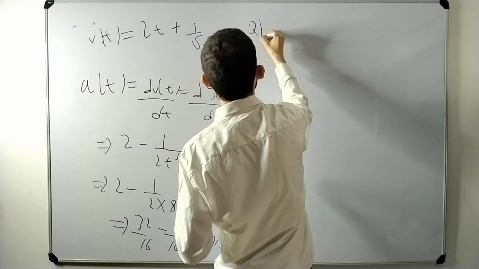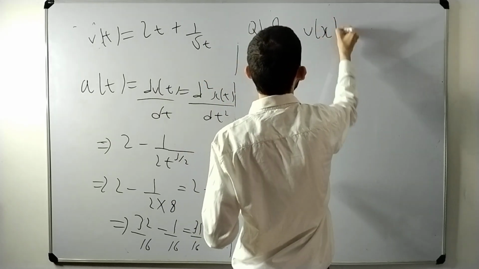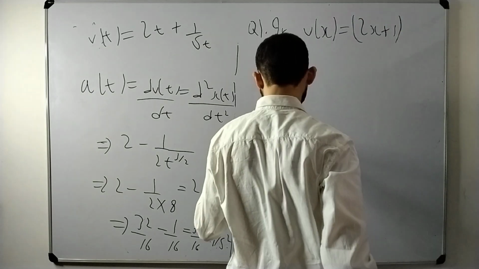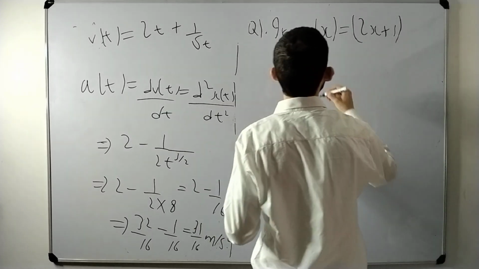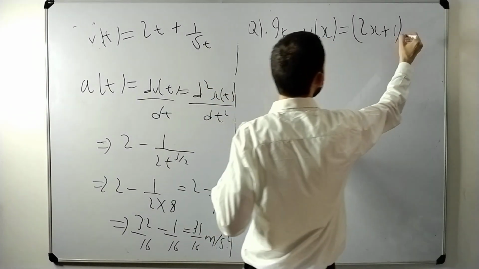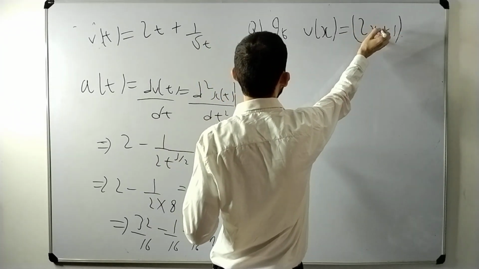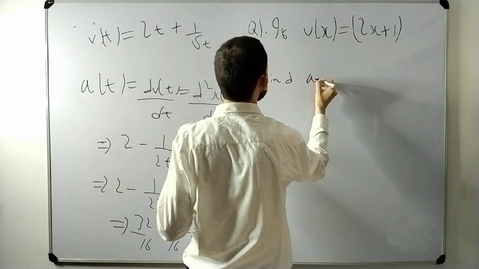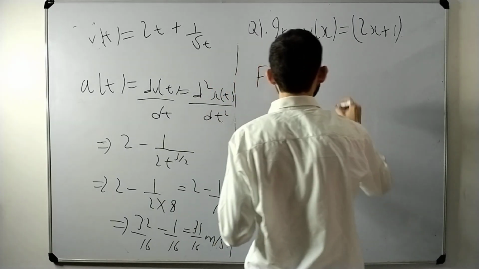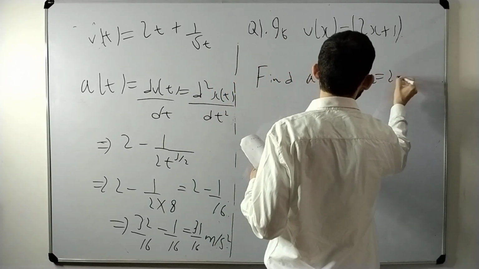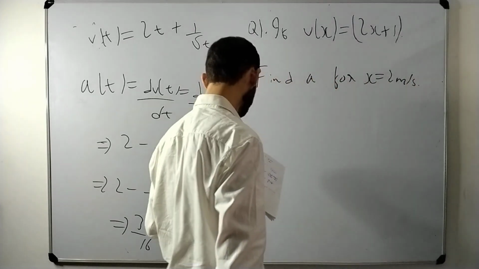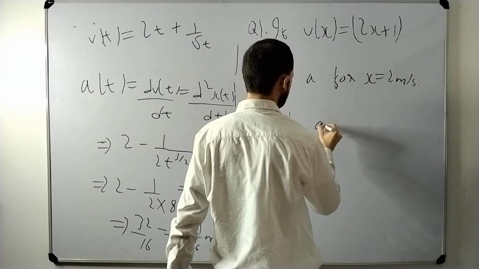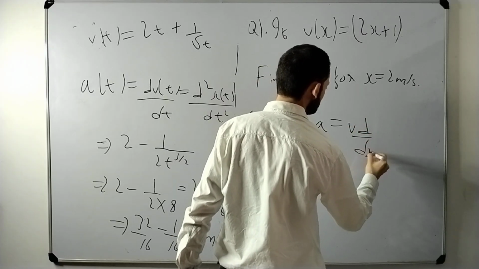Next question. If v(x) is equal to 2x plus 1, find a for x equal to 2 meter. Velocity is given in x coordinate terms. What will we do now, students? a is equal to v dv by dx, right?